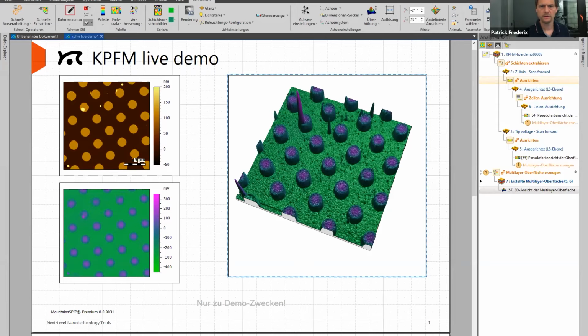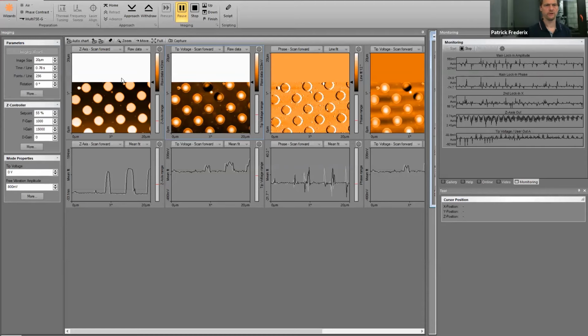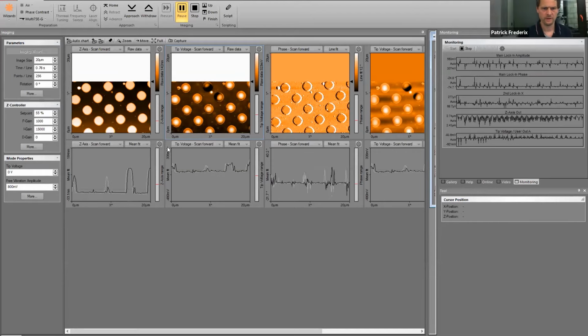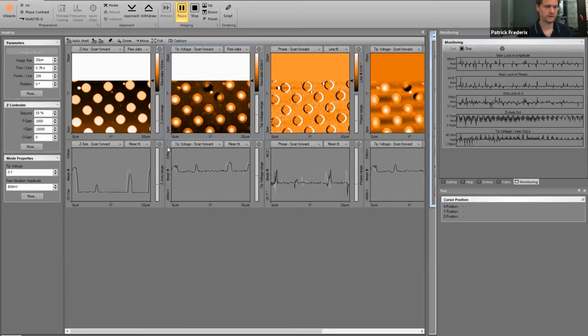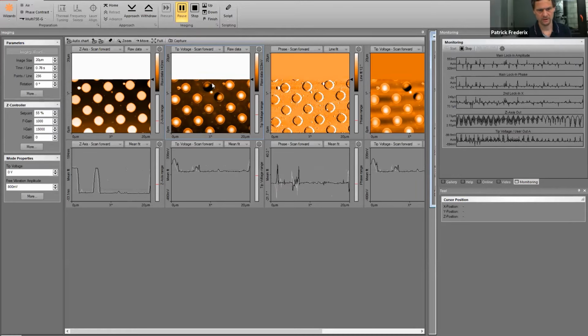So let me go back to the AFM software. We are already over half of it. Very interesting here is that you see some dots which look quite normal in the topography, but in the voltage they are deviating.